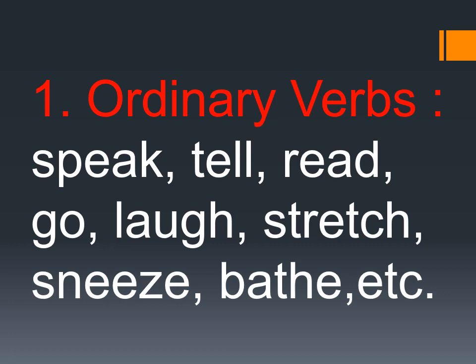Ordinary verbs are like speak, tell, read, go, laugh, stretch, sneeze, bathe, etc. In other words, ordinary verbs are main verbs, or the actions you do since the beginning of the day till late night.